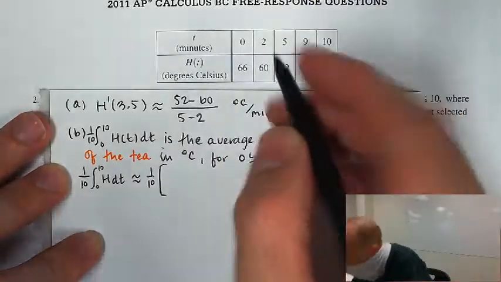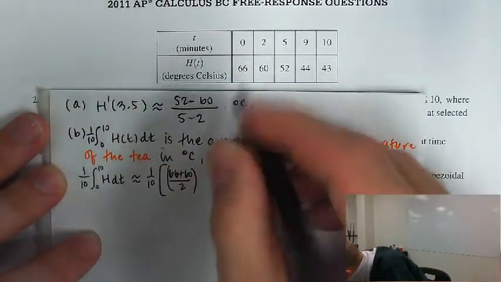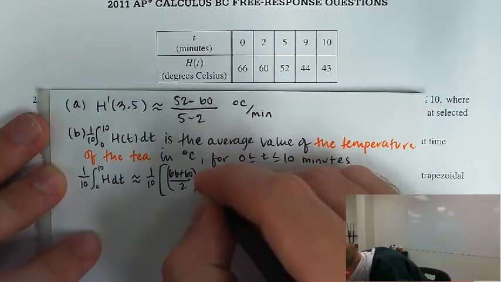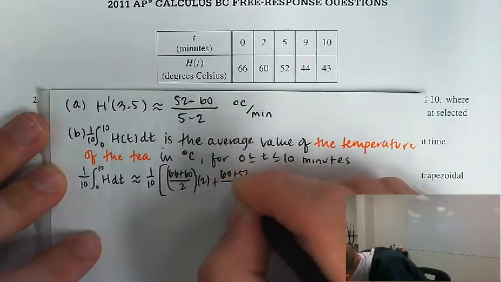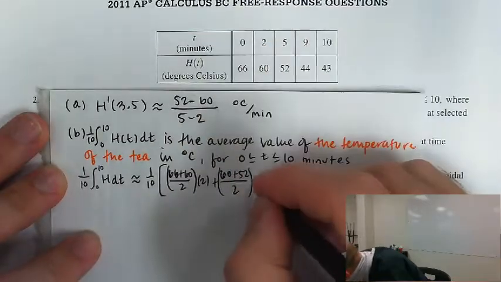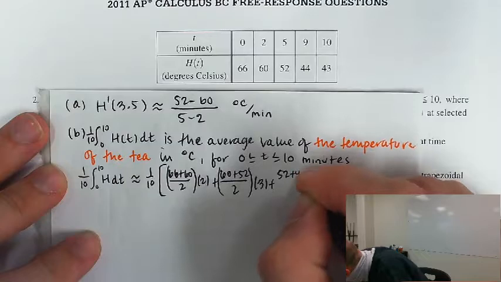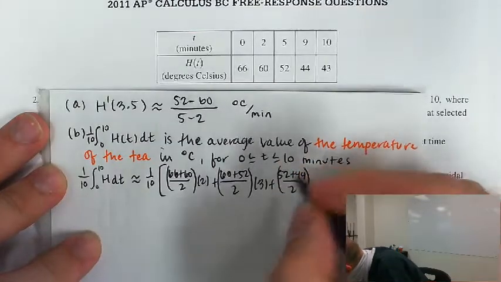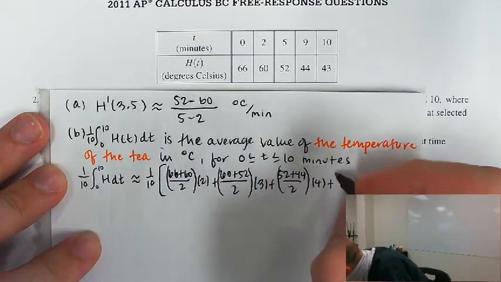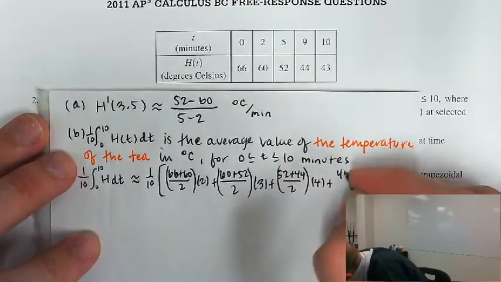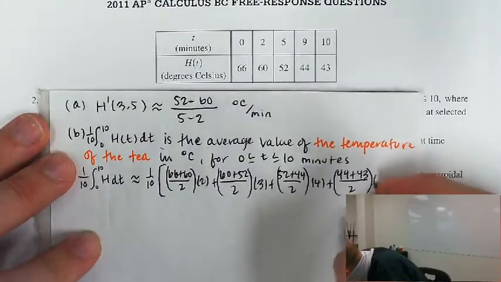So I'm going to average the 66 and the 60, multiply by the width, plus average 60 and 52, multiply by the width, that one's 3. Average 52 and 44, multiply by that width, which is 4, and then average 44 and 43, and multiply by the width, which is 1.